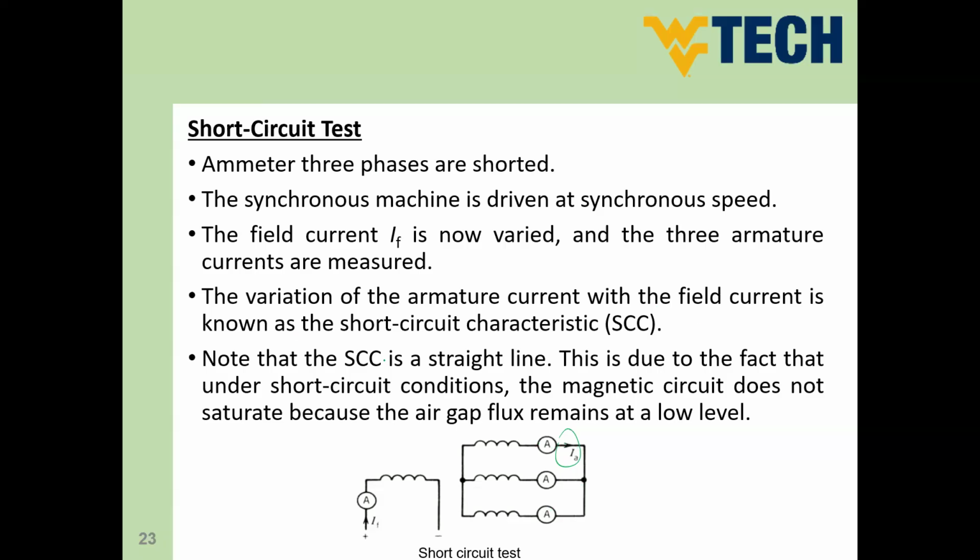Note that the short circuit characteristic is a straight line. This is a linear relation. This is due to the fact that under short circuit condition, the magnetic circuit does not saturate because the air gap flux remains at a low level. Okay, this is all of the time, guys, in case of short circuit.